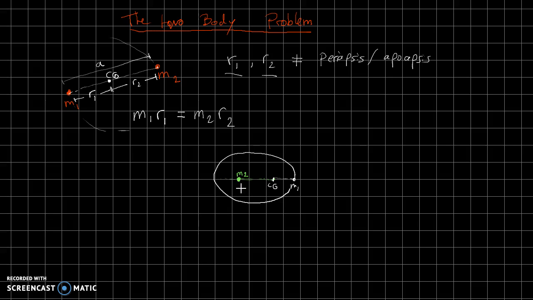Now, the orbit here would be a larger ellipse, which essentially is a mirror of the orbit of m1, except much bigger. And if you look at the orbit of m1, its apoapsis is over here. This is the farthest point from the center of gravity, in which case, for m2, the apoapsis would be over here.